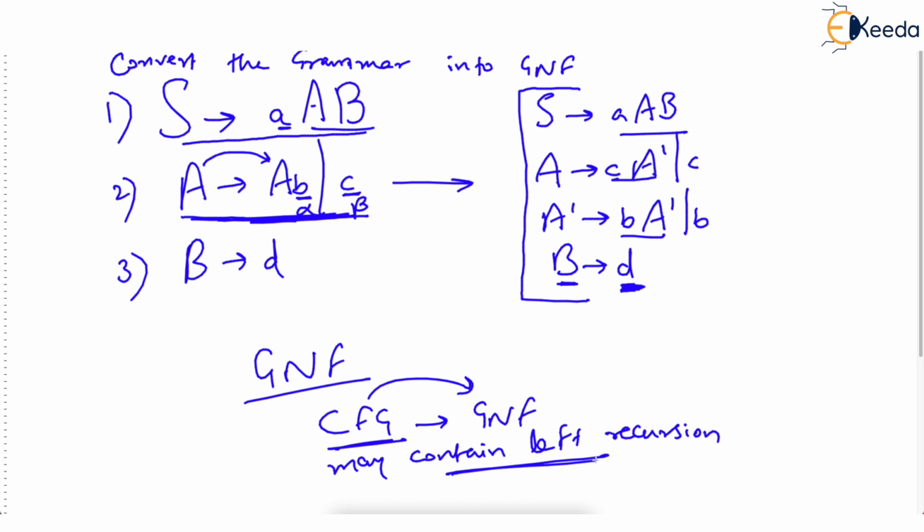Just remove the left recursion using the steps that we saw in these videos, and ultimately when you convert the left recursion to non-left recursion, you will get GNF. So that's it for Greibach Normal Form. We will return to this topic when we learn pushdown automata. A huge application of Greibach Normal Form is found in the construction of pushdown automata.